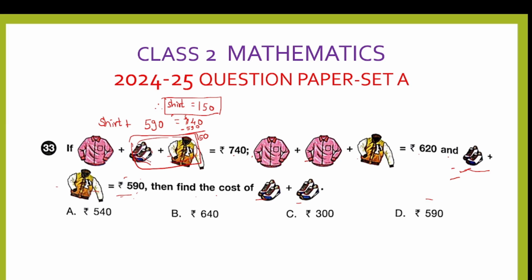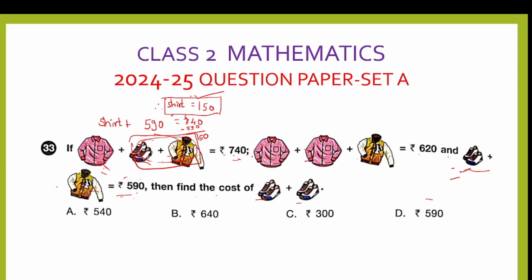So we have replaced this one as 590 so that we can find out the value of the shirt because their addition is 740. Now to find out the value of cost of this shirt, we have to shift this 590 to RHS. It becomes minus 590, right? So if we do the subtraction, we'll get the value of shirt, that is 150.